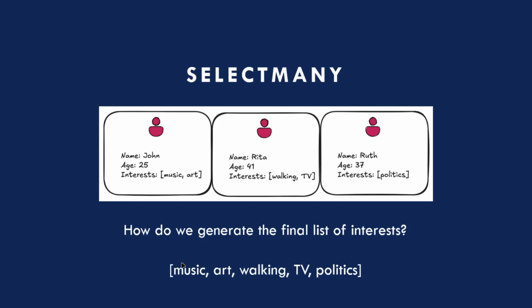So here would be an array with music and art, then an array with walking and TV, and then an array with only politics. But that's not what we want. We want all the elements as if this was a single collection of strings, and we can do this with SelectMany. Let's try to make this a bit more clear with a practical example.